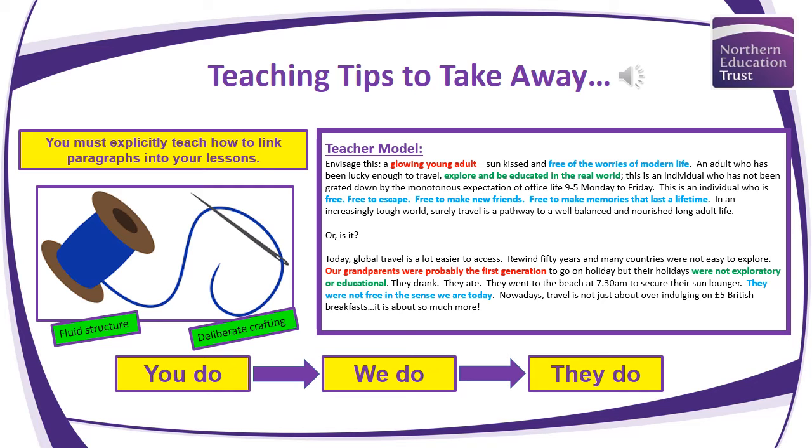And the fact that I'm repeating that phrase and those adjectives shows my reader, shows my audience, shows my examiner that I do have a fluid structure and I have deliberately crafted this piece of persuasion. Now, this is a hard skill to do. It would have to be broken down, paragraph by paragraph, sentence by sentence. But if you do, our pupils will do.